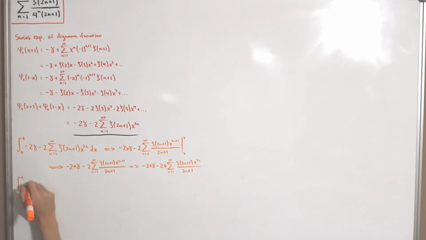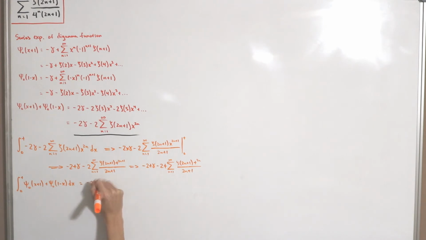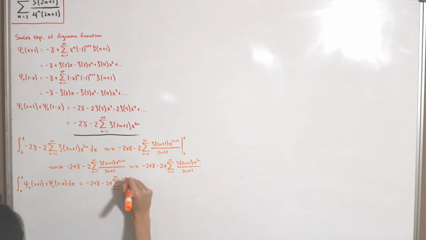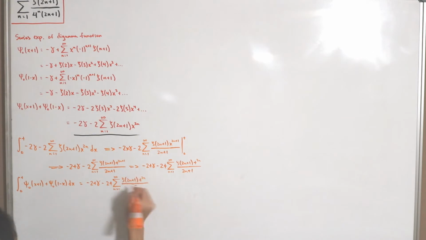It's from 0 to t of the sum of our digamma functions, psi of x plus 1 and plus psi of 1 minus x dx, and that's equal to the following: negative 2t multiplied by gamma, and then minus 2 times t, then multiplied by the infinite series, n is equal to 1 of zeta of 2n plus 1, then t to the power 2n divided by 2n plus 1.